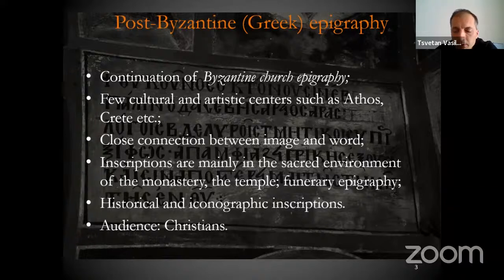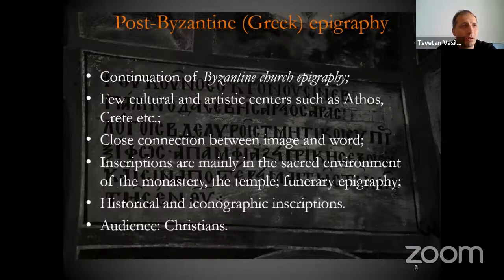So what are the main characteristics of this field, post-Byzantine epigraphy and post-Byzantine inscriptions? We can safely also say that there are few cultural and artistic centers active in this period, such as Athos, Crete, and so on. Kastoria, for instance. There is a close connection between image and word.